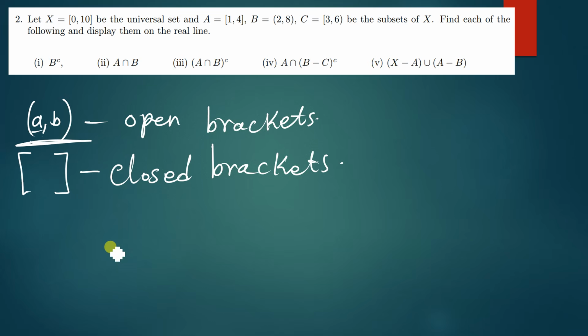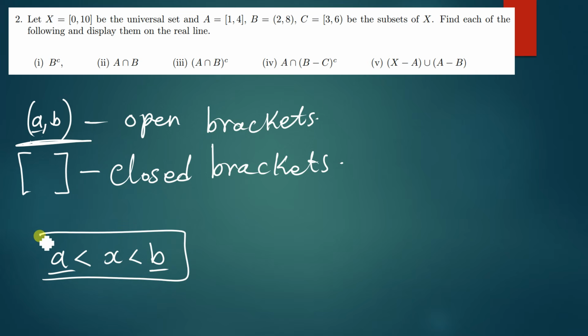It's just the same as writing the interval a < x < b. So a and b are not part of this solution set, but the numbers between a and b are part of the set. This is the meaning of these brackets.